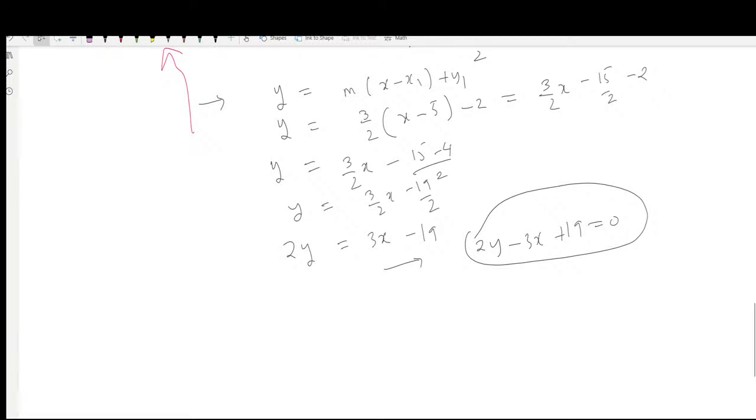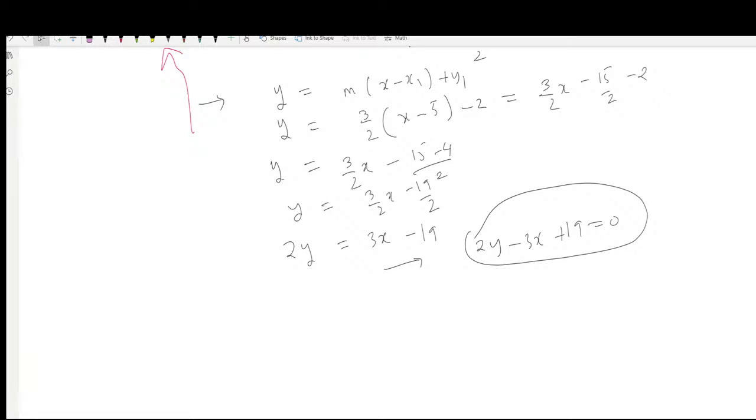We can jump into another example. Verify that y minus 7 equals 3(x minus 3) represents the equation of a straight line through the point (3, 7), and then determine the gradient and y-intercept. So we have to verify.